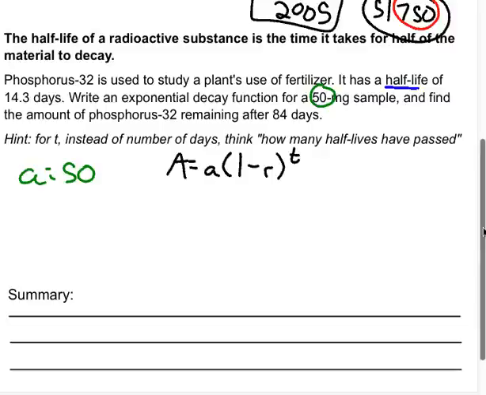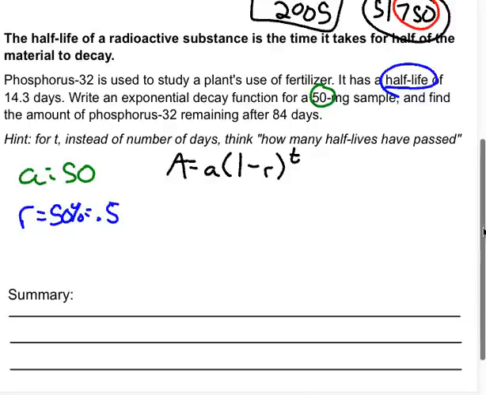And half-life by nature is giving us 50%. If it decays by half, that means you're only going to have half as much as you did before. So by nature, this is always 0.5 and it's always decreasing. Those are the things to know about half-life.